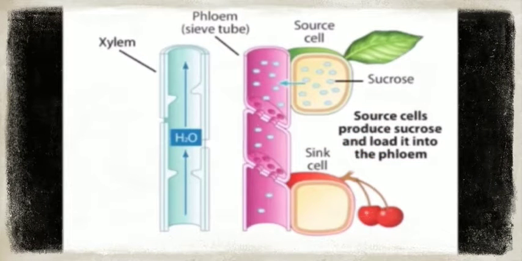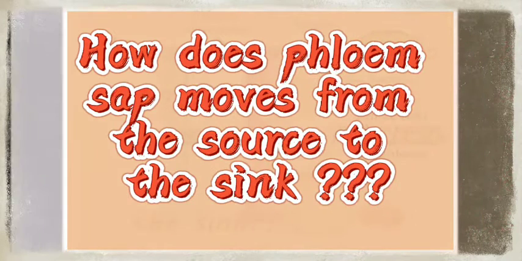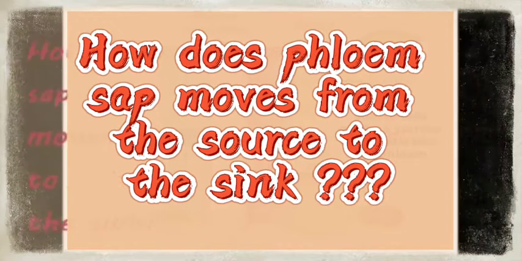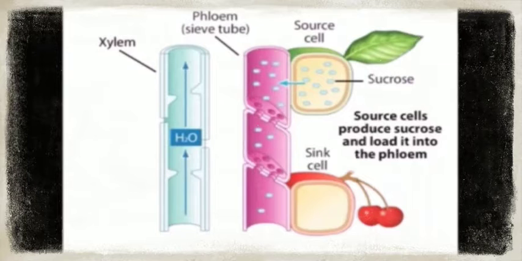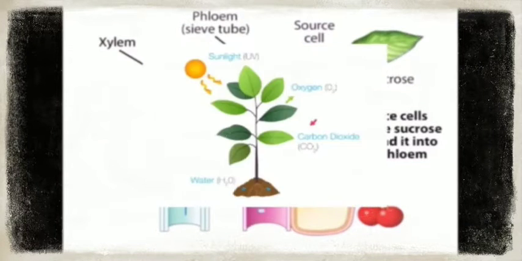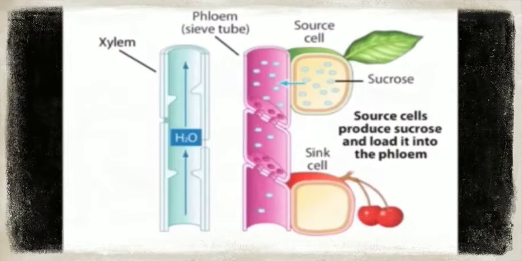So now the question is, how does phloem move from the source to the sink? The translocation of the sugar can be explained using the pressure flow model. A photosynthesizing leaf makes sugar, and that sugar is actively transported from cells in the leaf mesophyll into the sieve tubes of phloem.